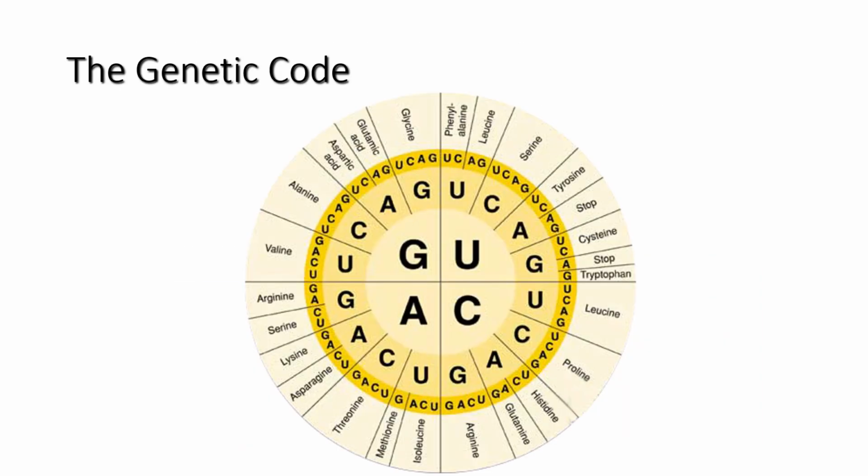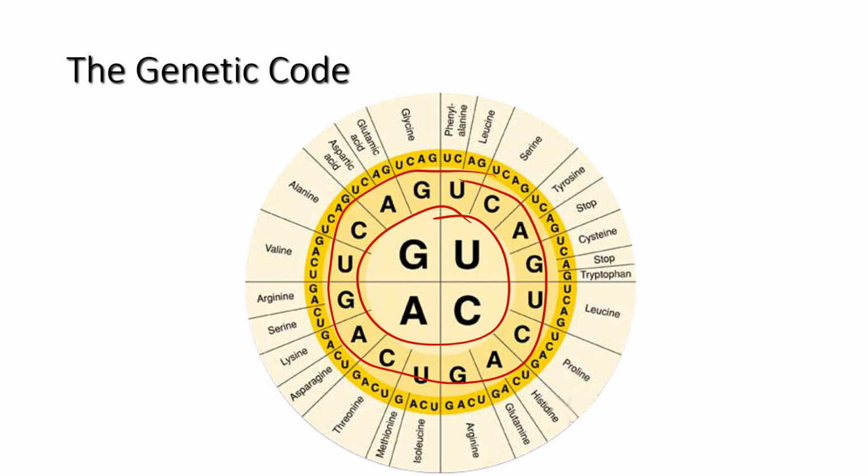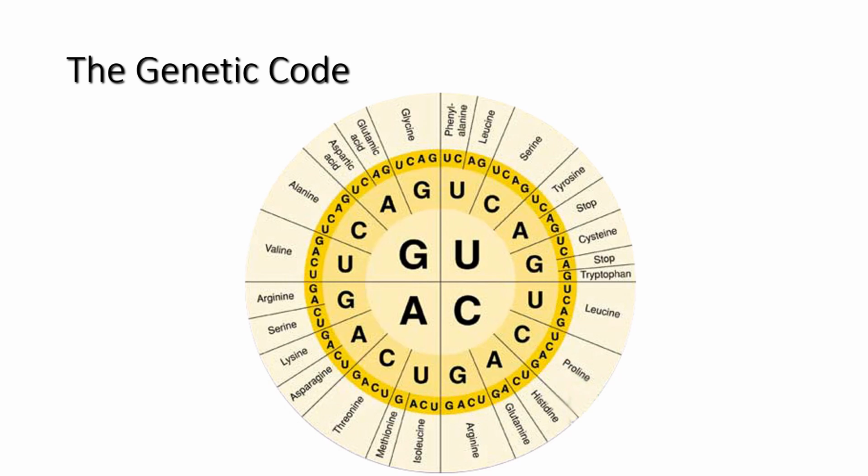You can also use this circle chart, which I personally like better. You start in the center with your first base, then you get your second base here, and then finally your third base are these tiny letters on the outside. So what we see here is we would go A to C, and that gives us this amino acid there.